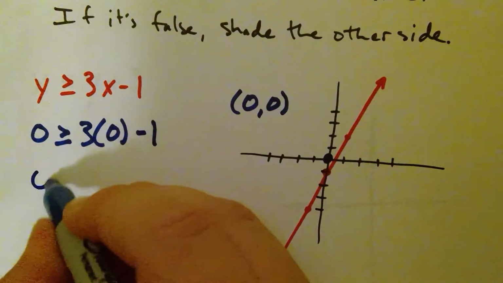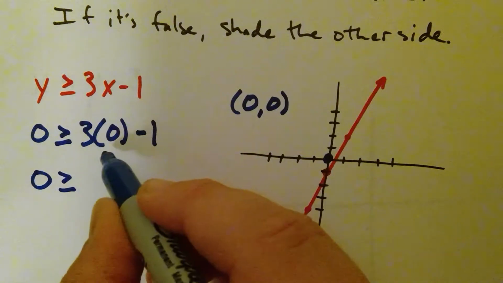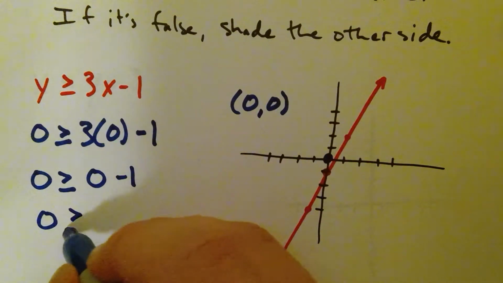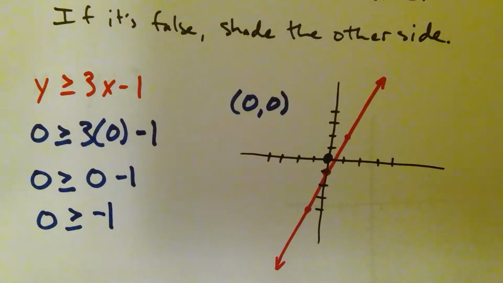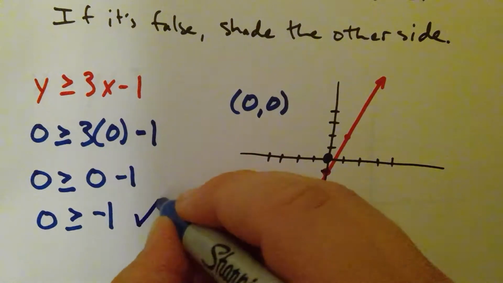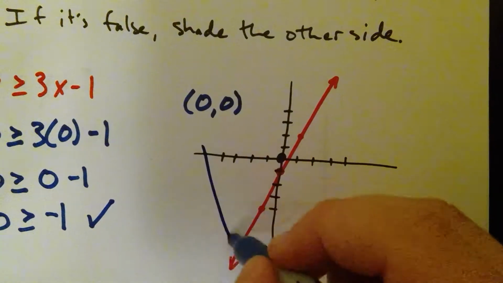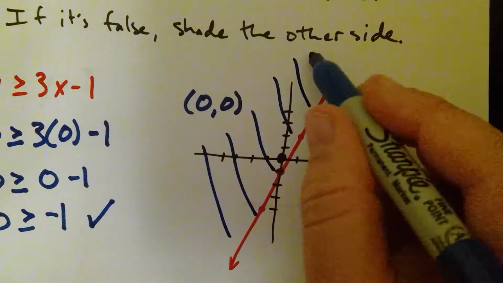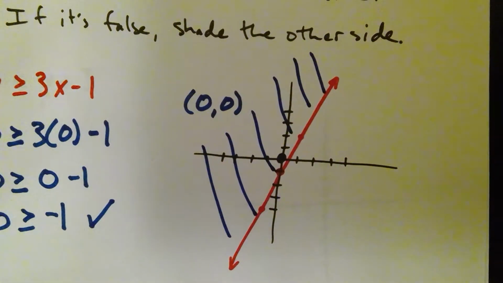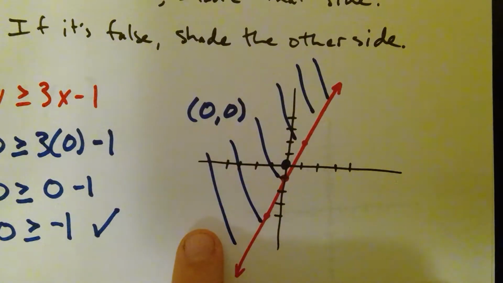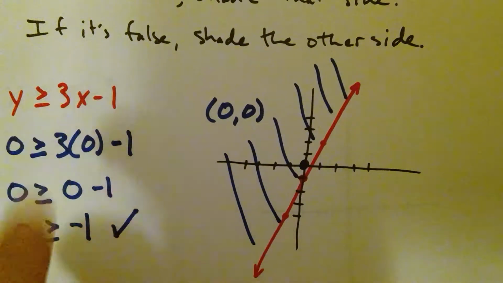Let's simplify. 0 is greater than or equal to 3 times 0, which is 0, minus 1. So 0 is greater than or equal to negative 1. That is correct. So we are going to shade on this side of the line. Any point on this side of our line will be a solution for this inequality.